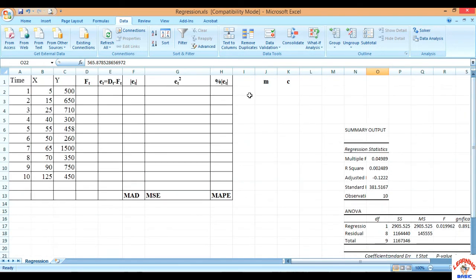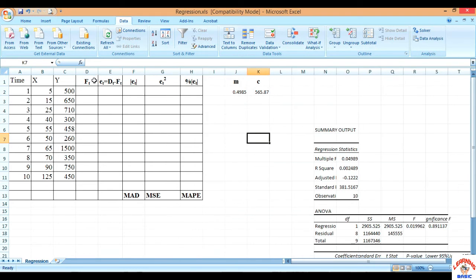So let us put the values over here. Now m equals 0.4985 and our c is 565.87. Now let us calculate the MAD, MSE and MAPE concept. This is FT, also known as Y cap, and it is represented by y equals mx plus c.